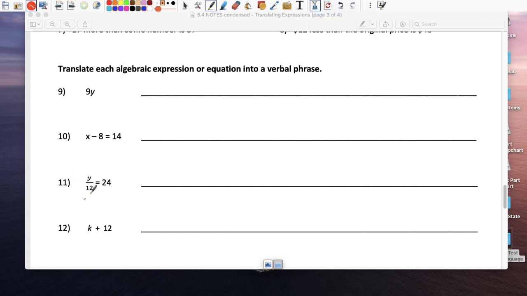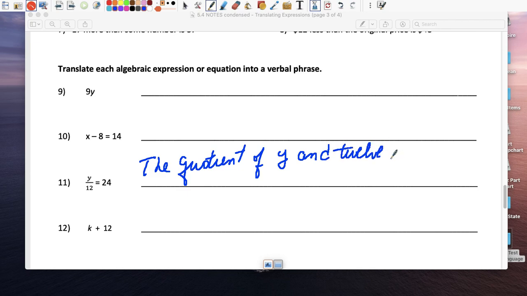Next one, division, right? So we can write the quotient of y and 12 equals, or is, 24.